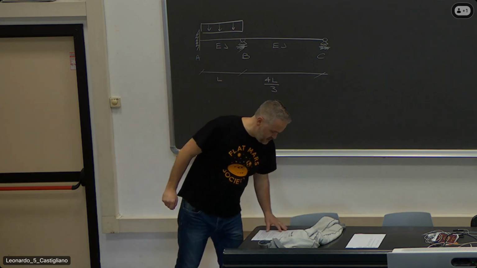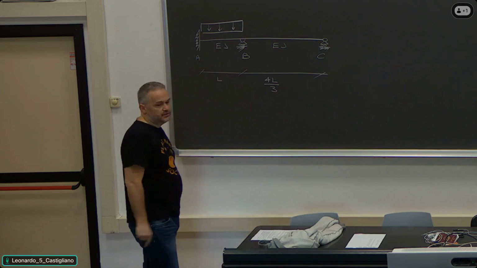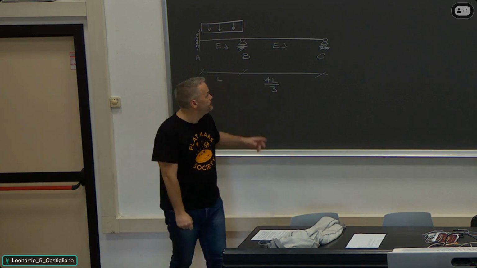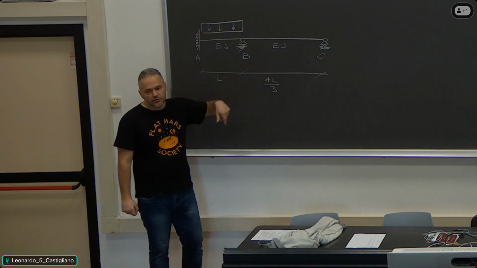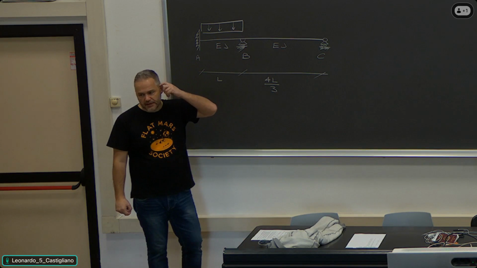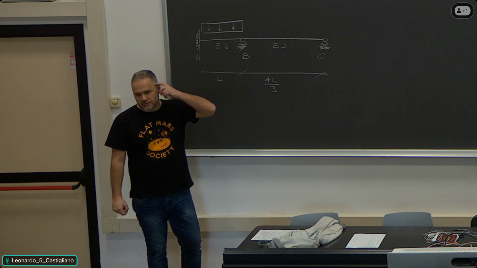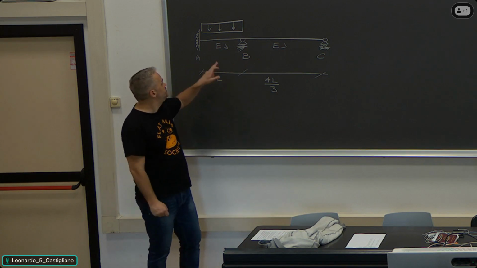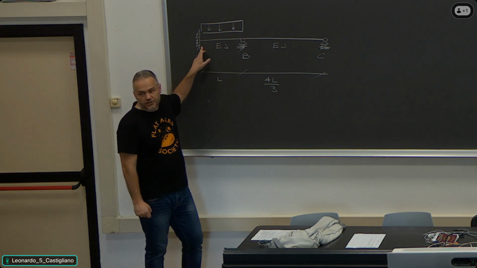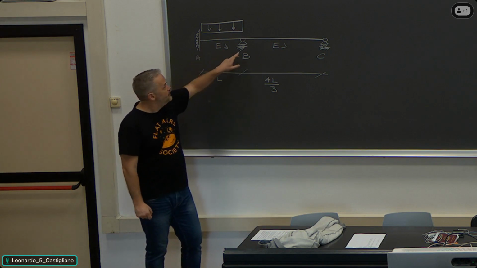Okay, so this is the structure. It consists of a continuous beam spanning over 2 spans. Okay, the restraints are 1 built-in edge at the left and 2 rollers.